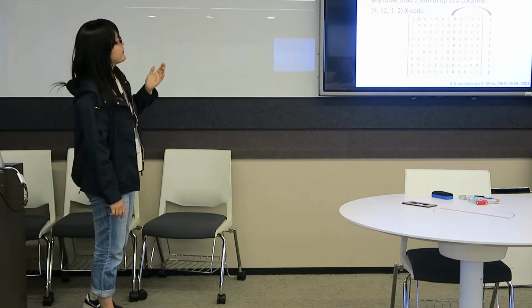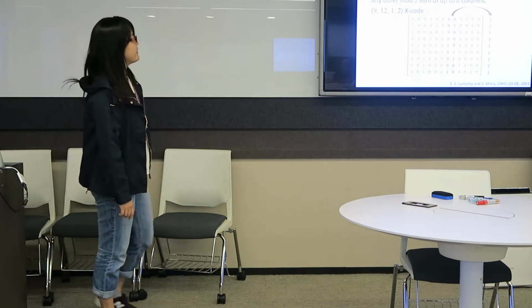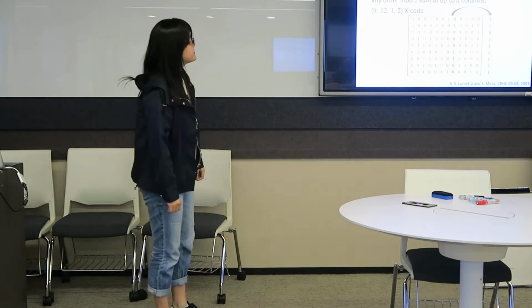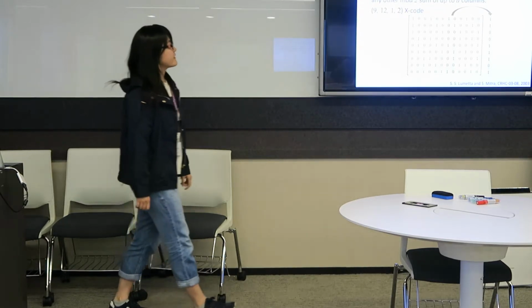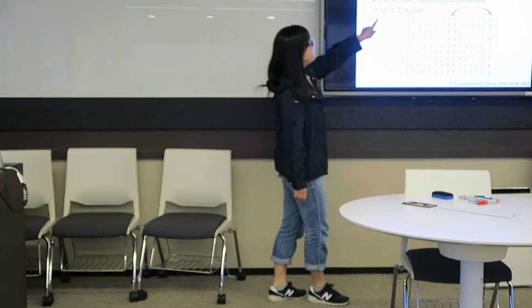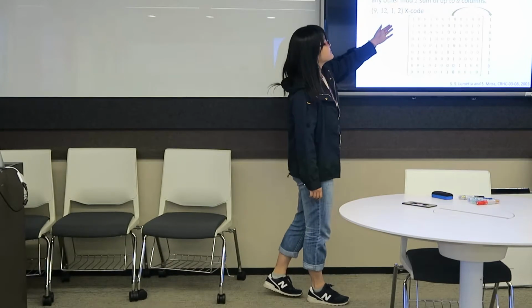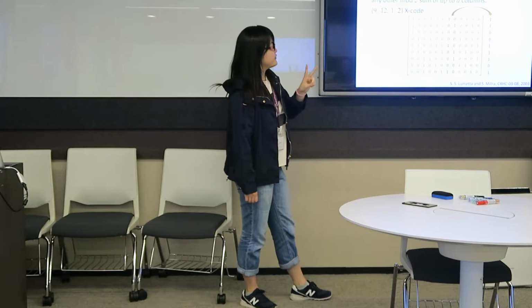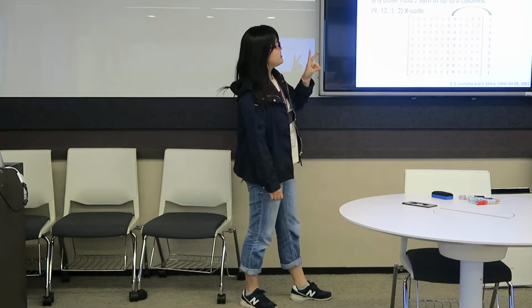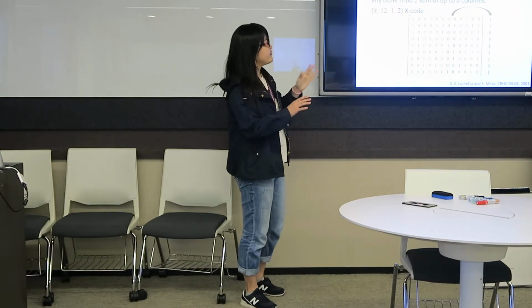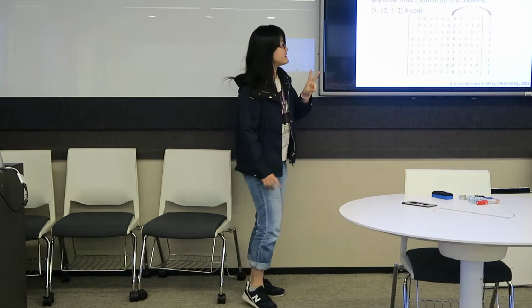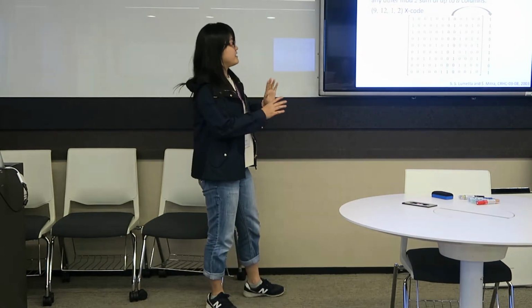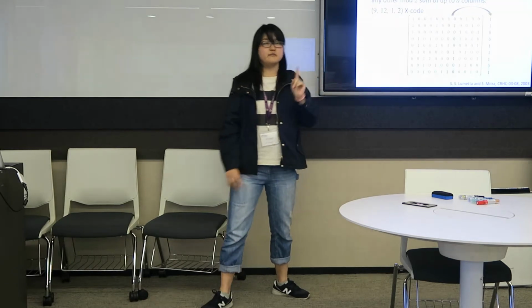This is an example of a 9, 12, 1, 2 X-code. Because D is equal to 1 and X is equal to 2, the Boolean sum of any two columns does not cover any other column.